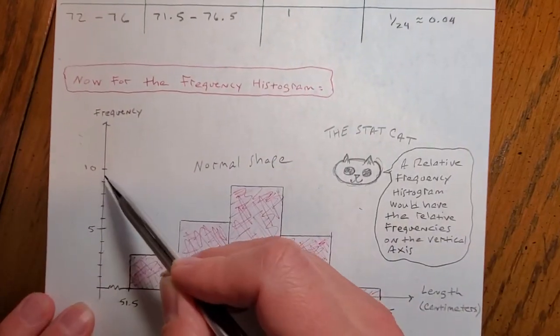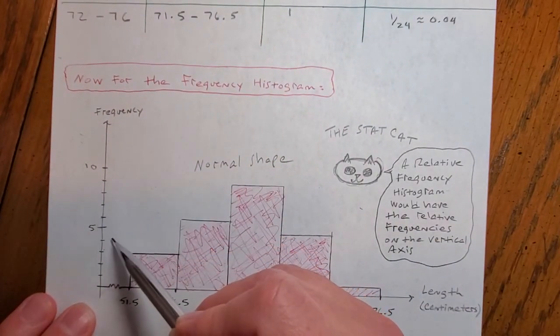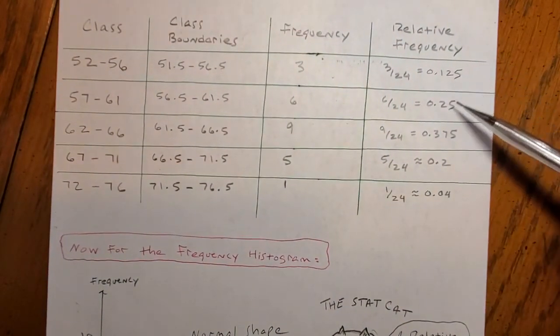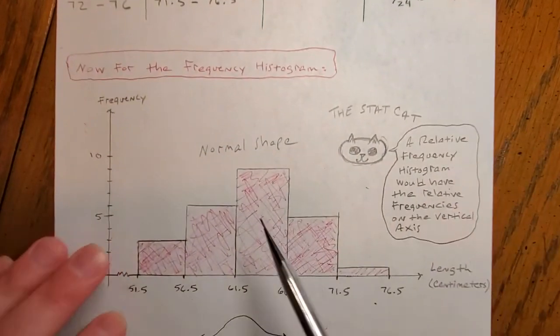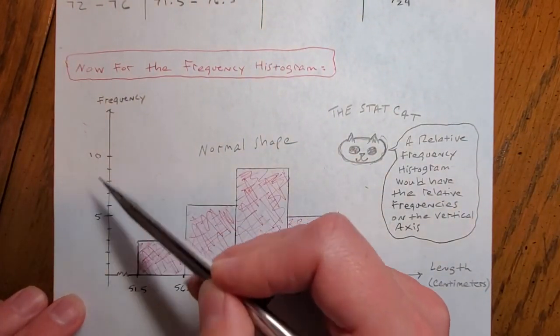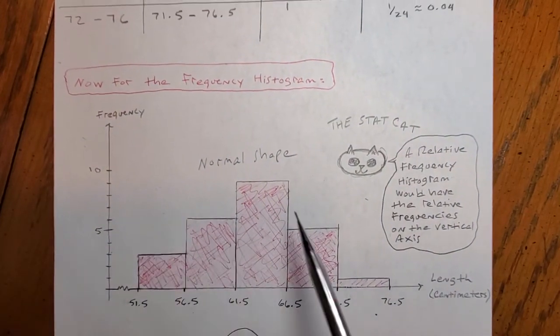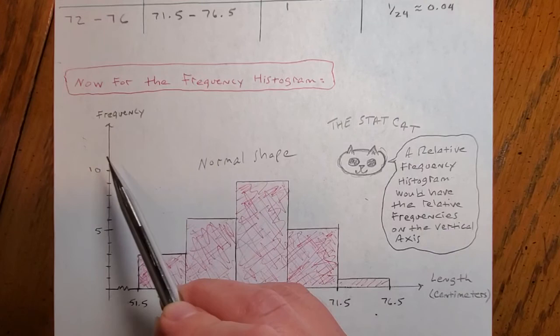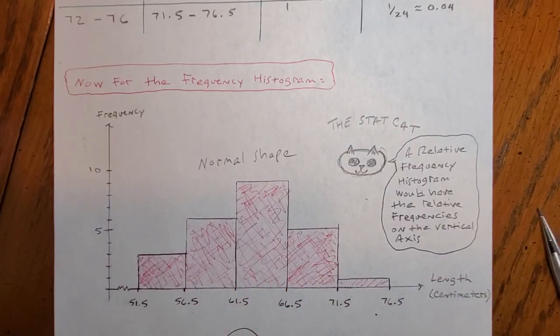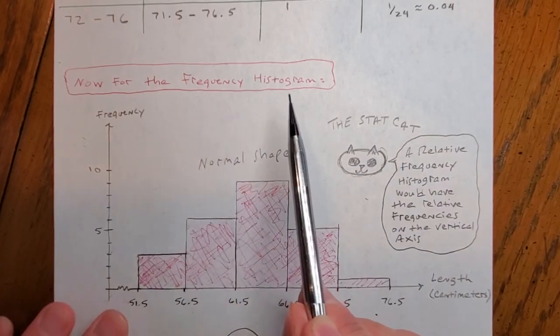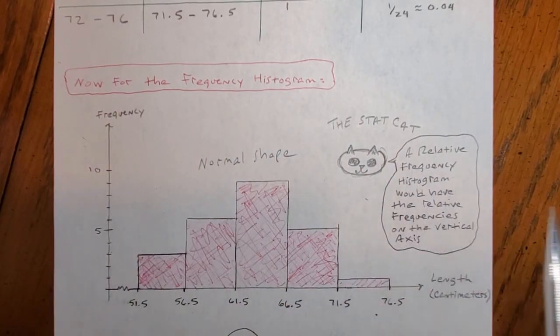So your scale would be different to accommodate that, but it would just be these relative frequencies on the vertical axis. That's the only difference. It would still have the same shape and everything, just those numbers would be a little bit different. And that's all that tells apart a frequency histogram and a relative frequency histogram.